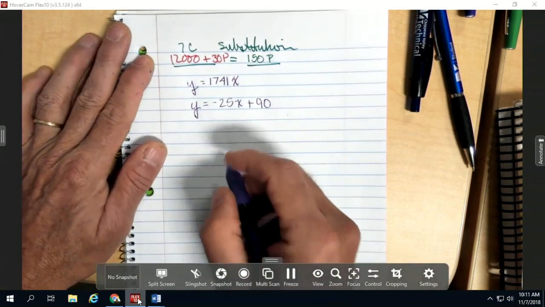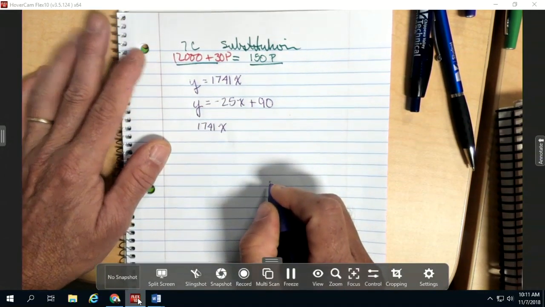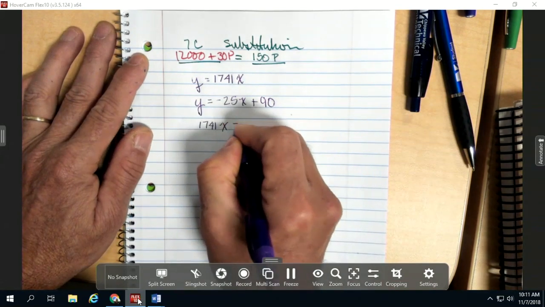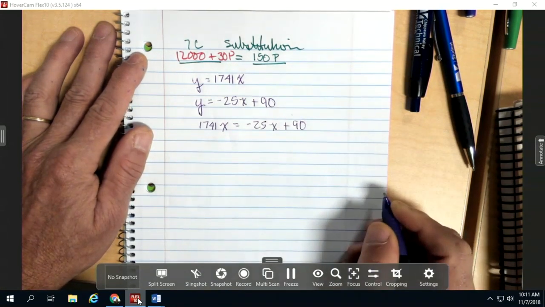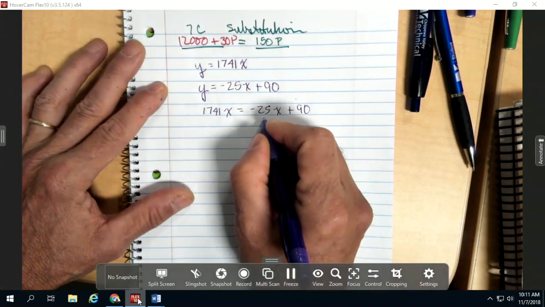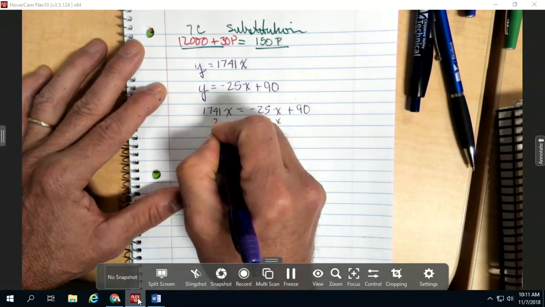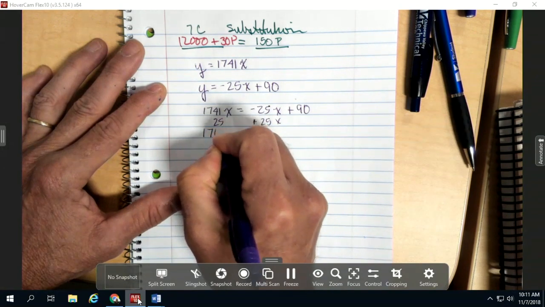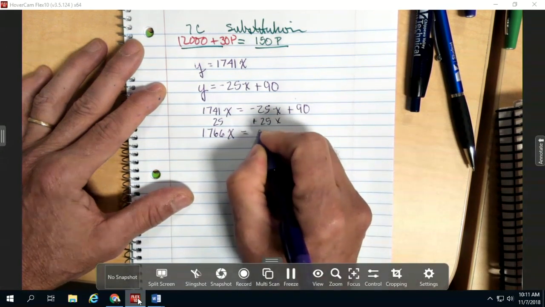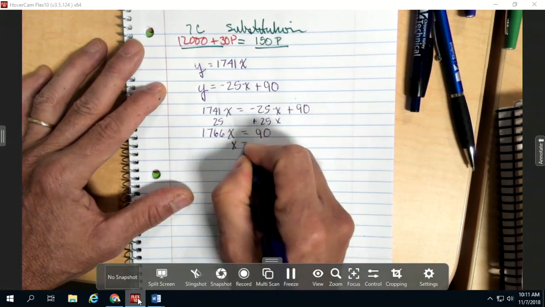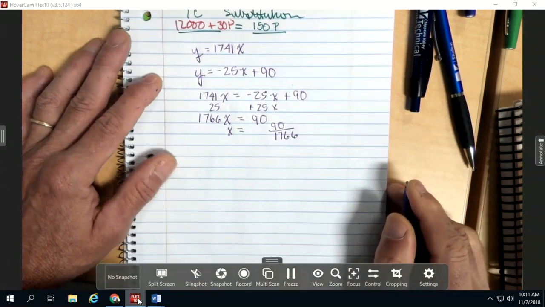So what would we write? 1741x equals negative 25x plus 90. So we would have to add 25x to both sides. And we get 1766x, oh, it's close to when our country was founded, equals 90. And so x is 90 over 1766. Correct?